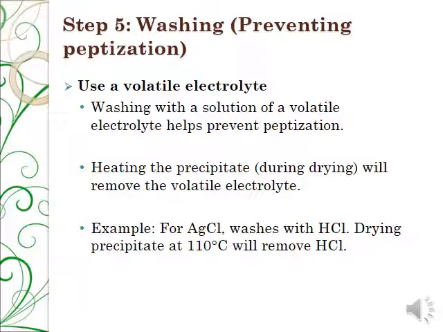For example, for silver chloride just now, instead of washing using water, we wash using hydrochloric acid. And then during the drying process of the precipitate at 110 degrees Celsius, it will remove this hydrochloric acid solution.